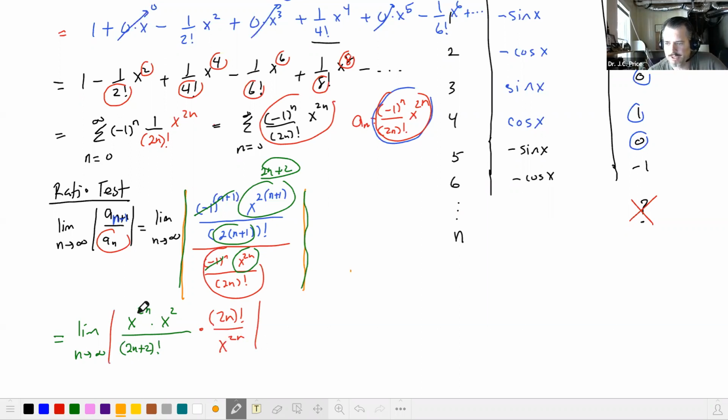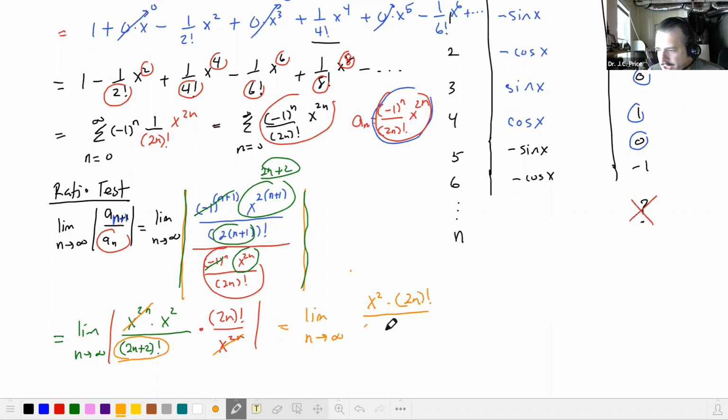And then you see the things that are starting to cancel here. That cancels with that. And there's going to be some cancellation here, but we'll do one more step just to make it very clear what's canceling. And so on top, we have x squared times 2n factorial. And on bottom, I have this thing. So let's write out what that is.